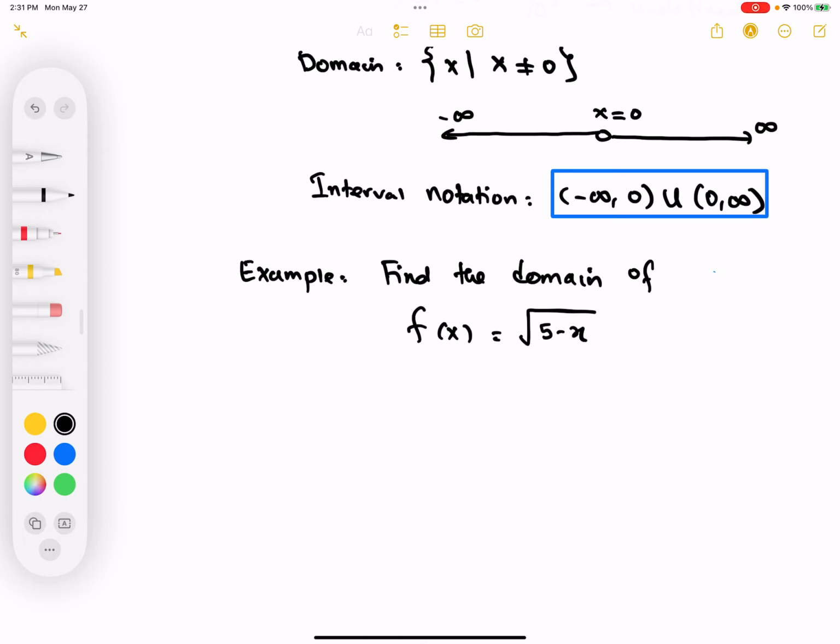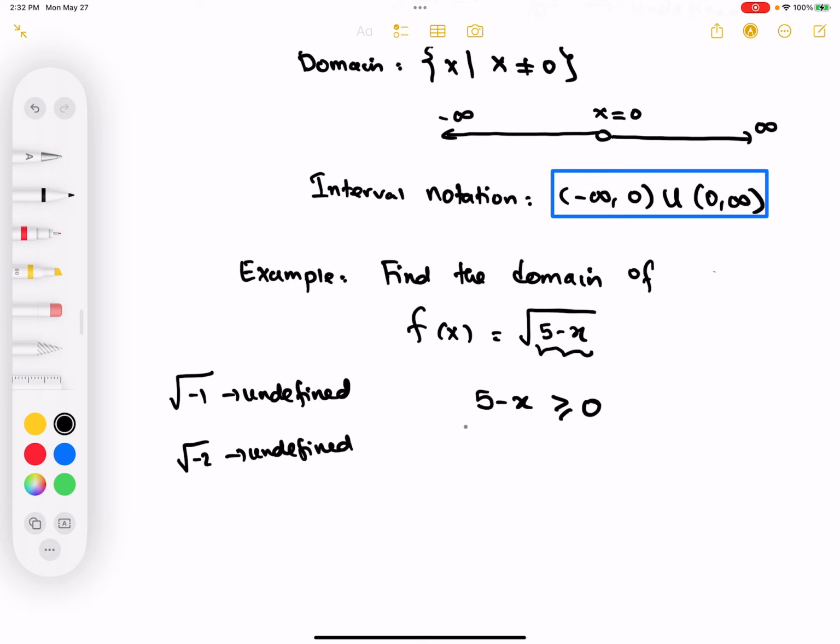Remember that for any square root function, the inside must be greater than or equal to 0. For example, if you have negative 1, it is undefined under the set of real numbers. Negative 2, undefined, and so on and so forth. So, in other words, any expression inside the square root must be greater than or equal to 0.